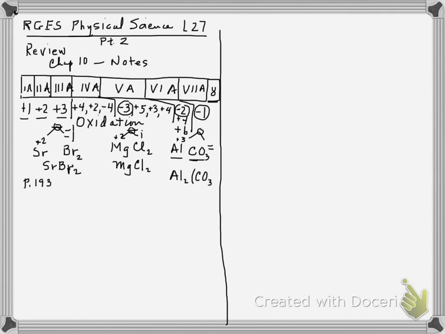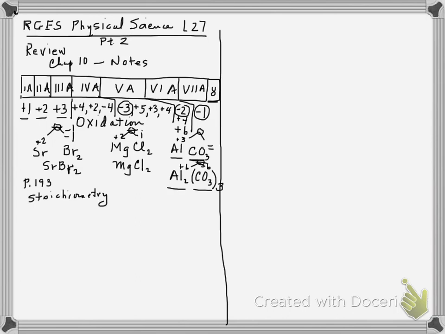And so we have (CO3)3. Make sure your 3 is shown clearly. 3 times -2 is -6, and 2 times +3 is +6. So these zero out, right? These balance, and that's what we have. Aluminum carbonate would be what we call that new molecule.